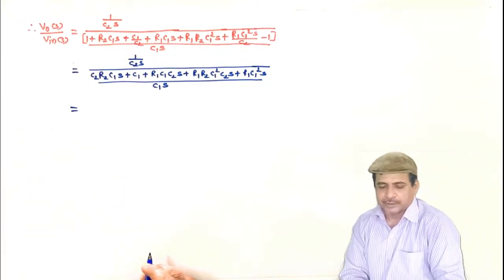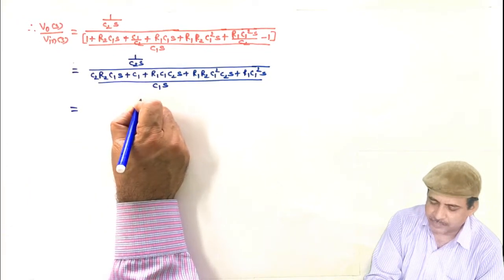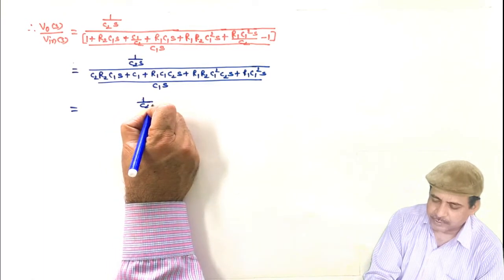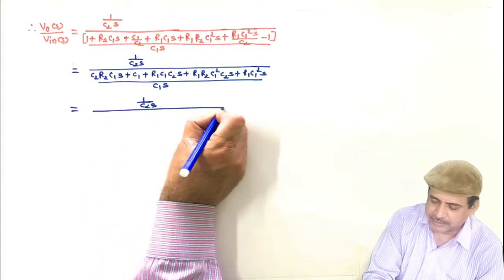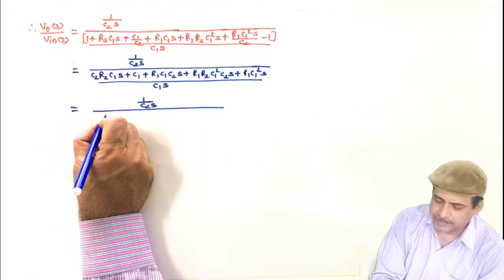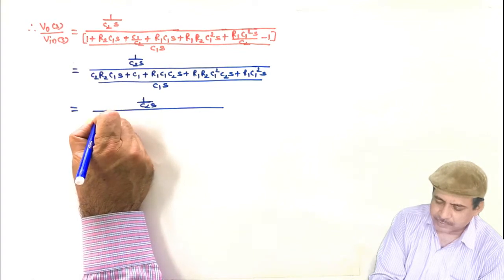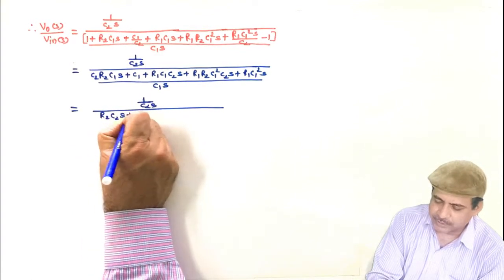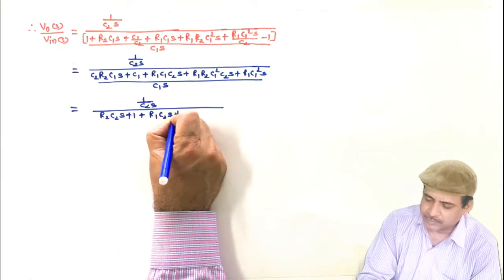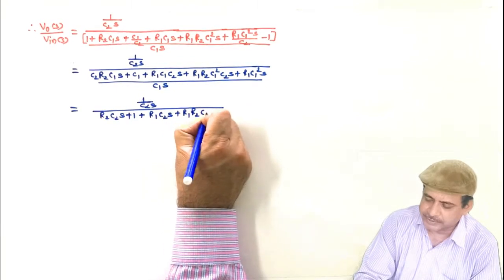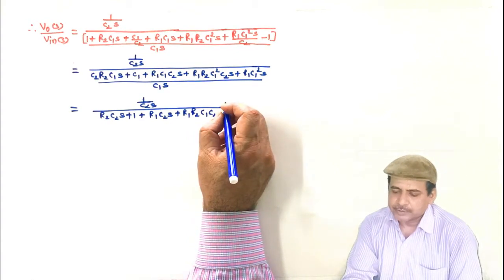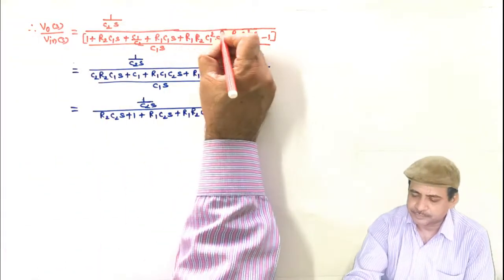Now it will be 1 by C2s divided by, let us remove C1 from everyone, then it will be R2 C2s plus 1 plus R1 C2s plus R1 R2 C1 C2, this shall be S square.